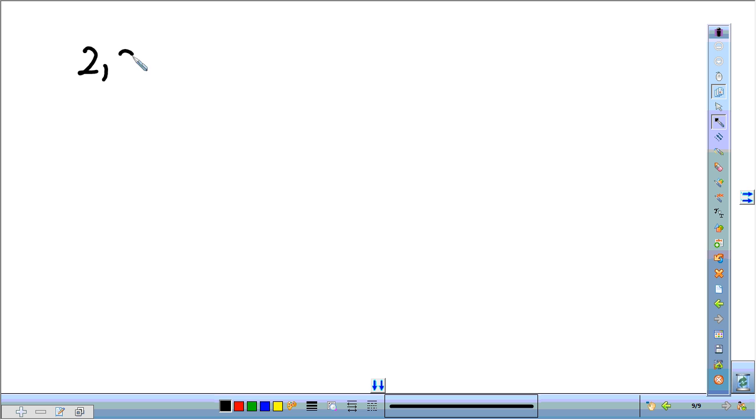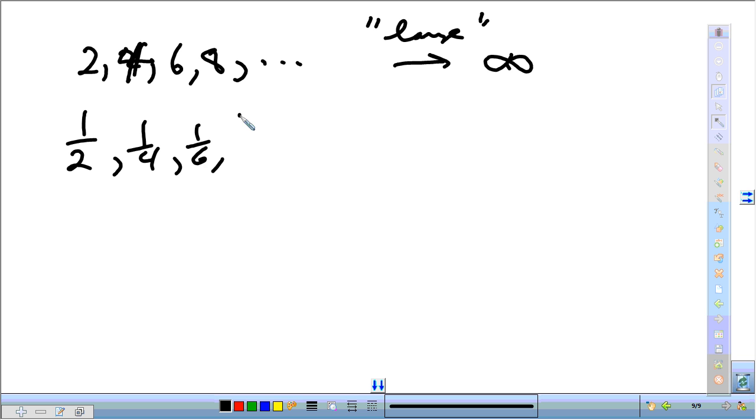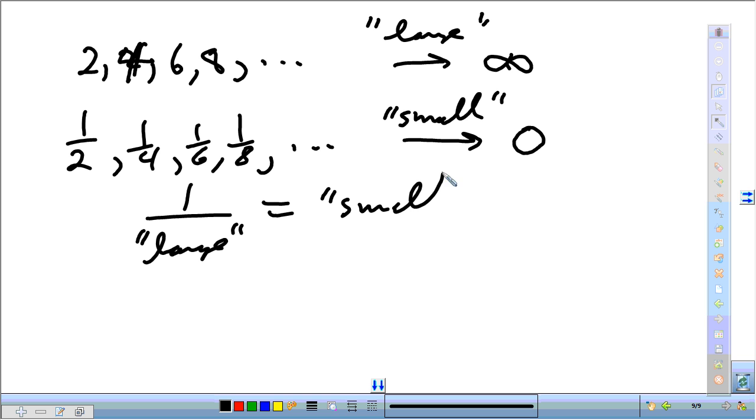If we look at this progression, 2, 4, 6, 8, and so forth again, which is becoming large, and we look at the reciprocals, 1/2, 1/4, 1/6, 1/8, those are approaching 0 or becoming small. So it's this concept of 1 over very large things give very small values.